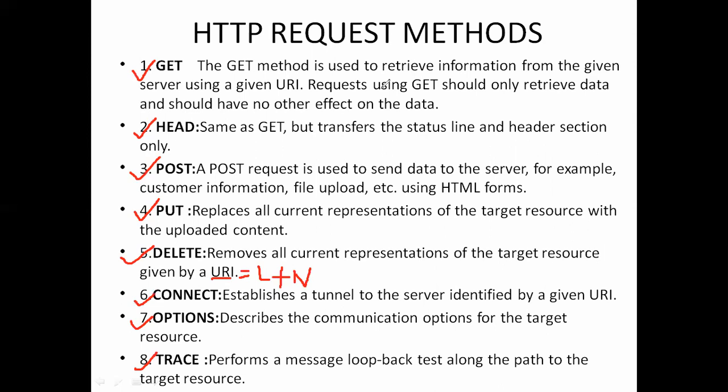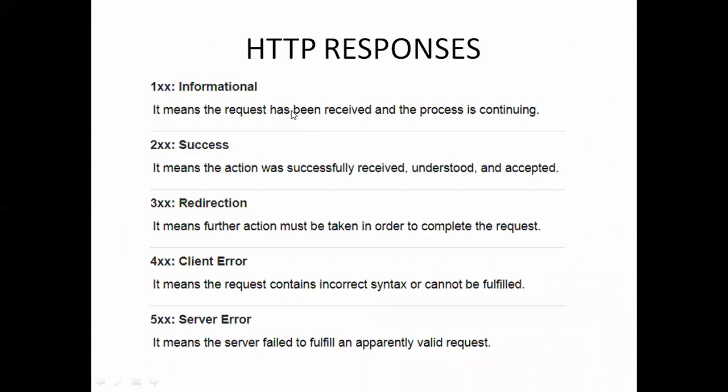Next, we are going to discuss the HTTP response. I already said these are the status codes. If the status code starts with 1, it is an informational response. What it means is the request has been received and the process is continuing.